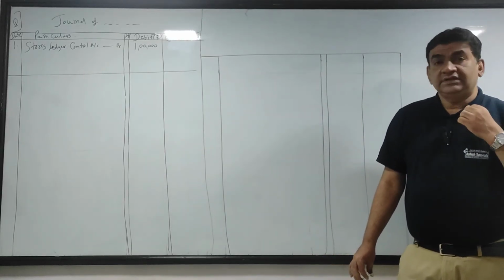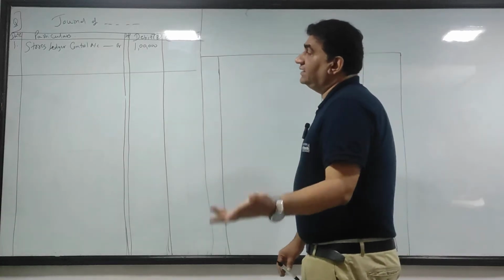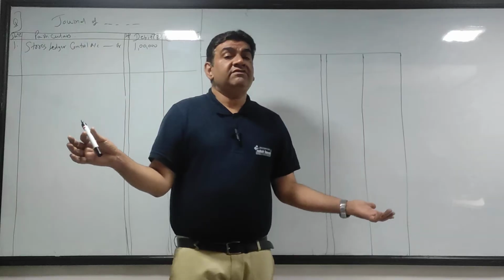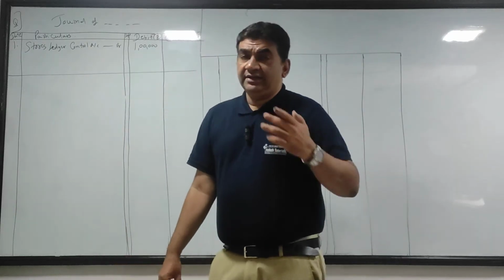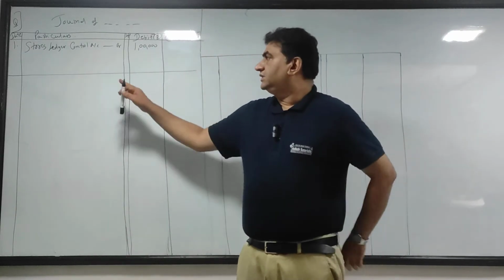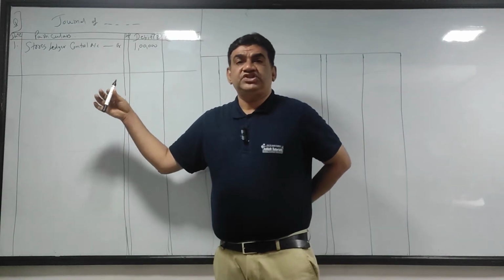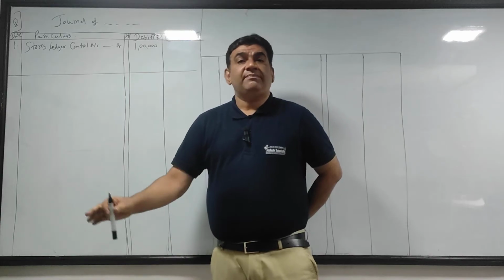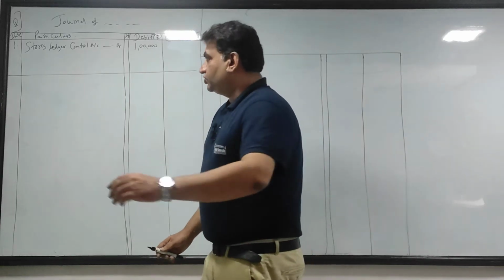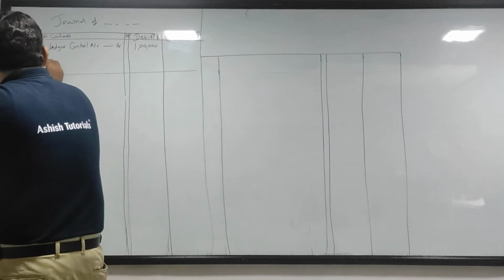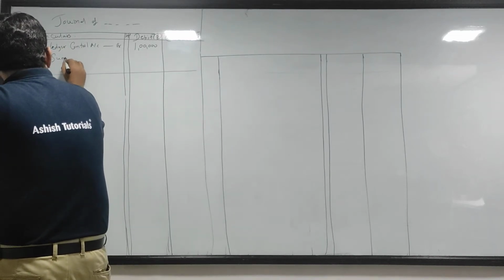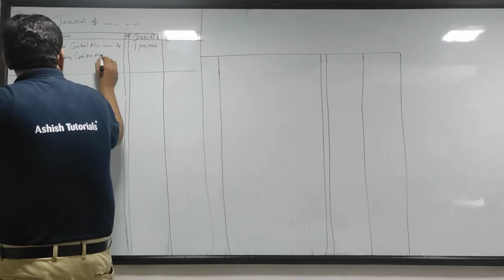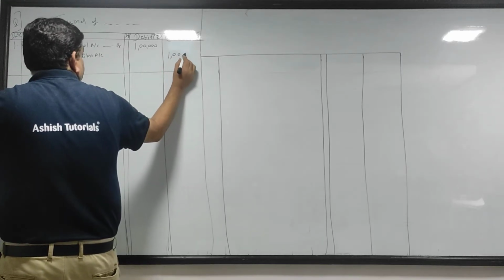Now listen, journal entry, there has to be a second effect. Now when I buy materials, either I will buy on cash or on credit. If I buy on cash, to cash. If I pay by check, to bank. And if it is on credit, creditors. So यहाँ पे it is on credit. So because it is on credit, I will credit to sundry creditors account 1 lakh.